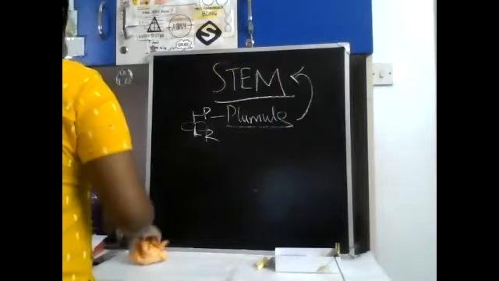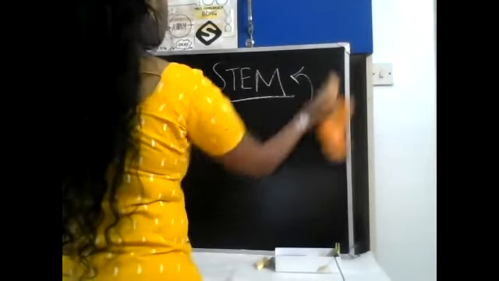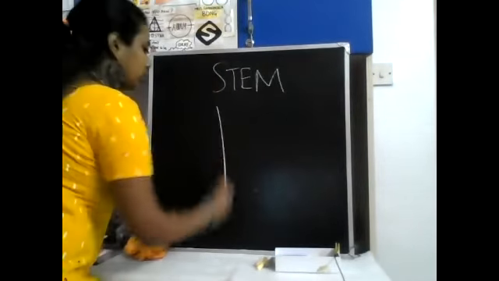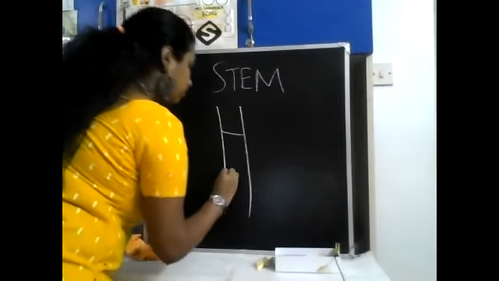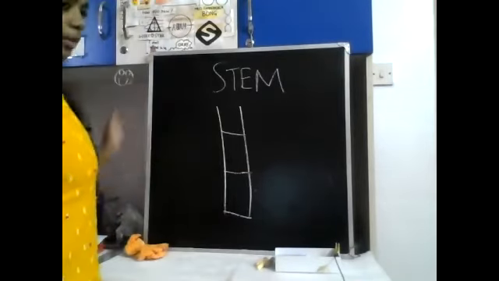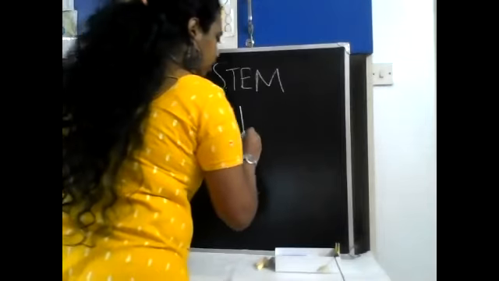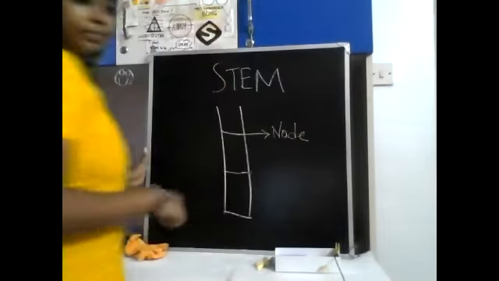Okay. Now let's start looking at the stem for its structure. Imagine this were a stem. The stem can be jointed like this, and each of the joint here is called a node.